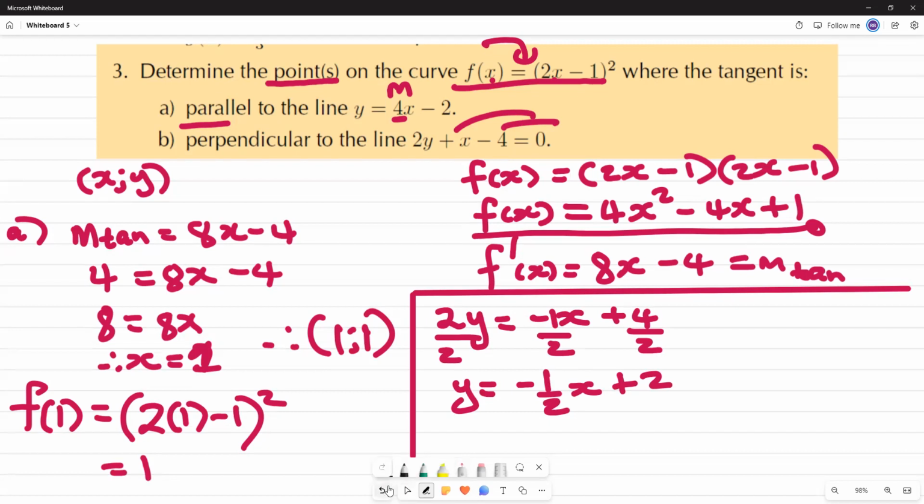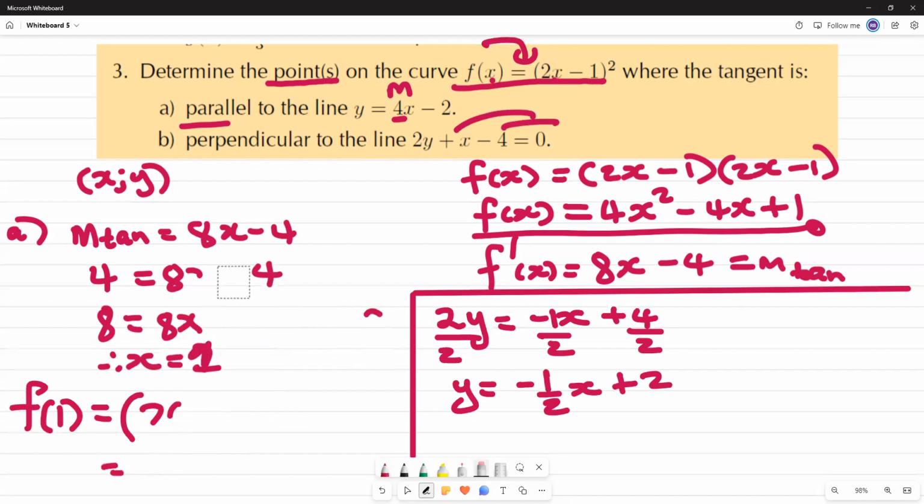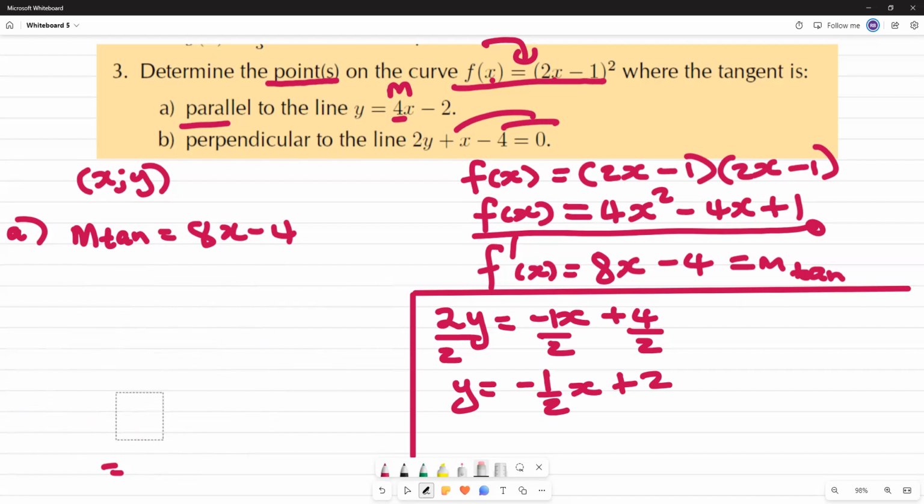Then they told me that the tangent is perpendicular to this line.